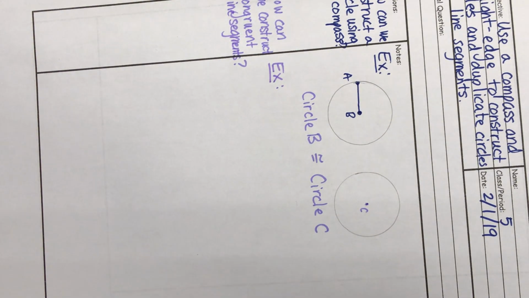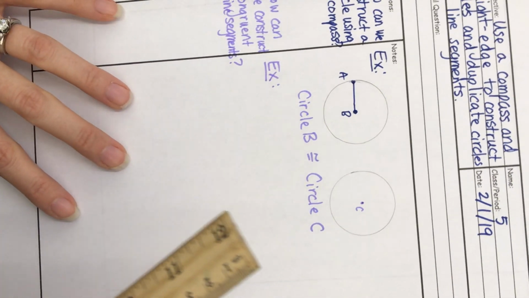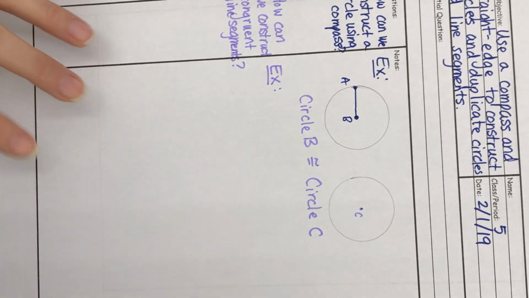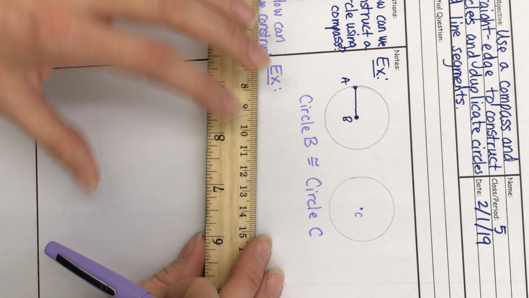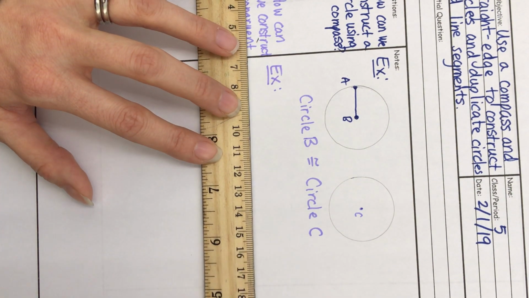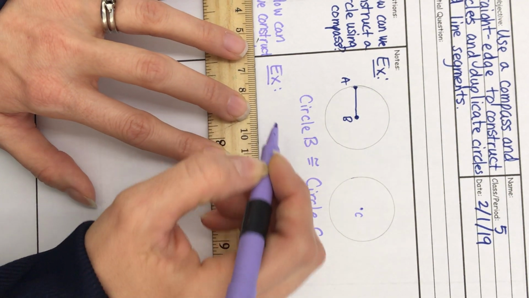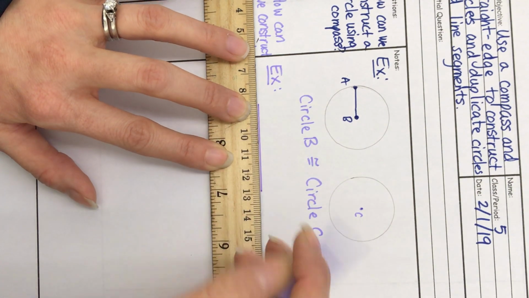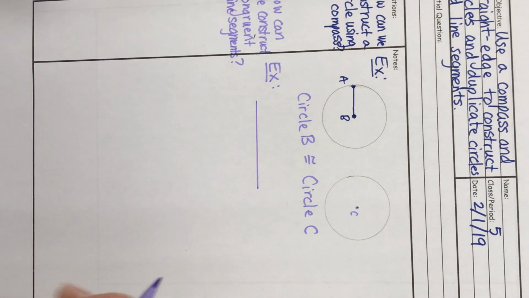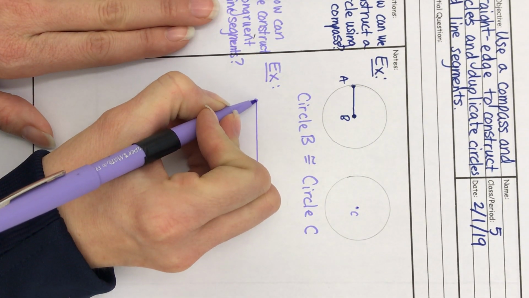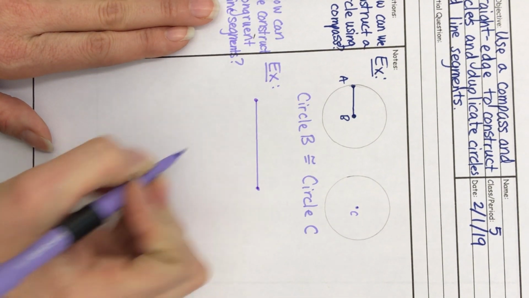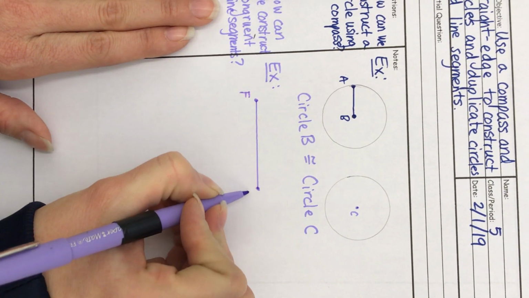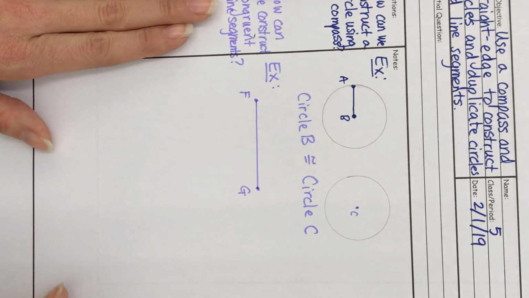So I'm going to start with a line segment. We're going to call that line segment FG. Okay, remember a line segment is just a portion of a line. Lines go on forever and ever infinitely. Line segments, however, are just a part of that. So here's our line segment FG.